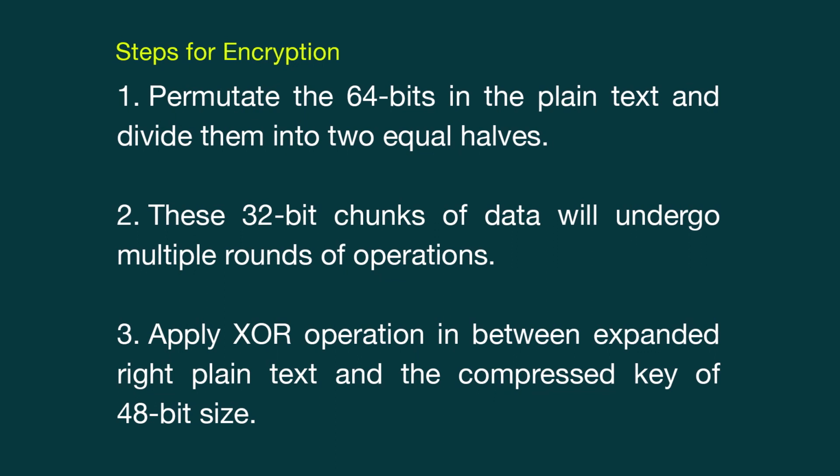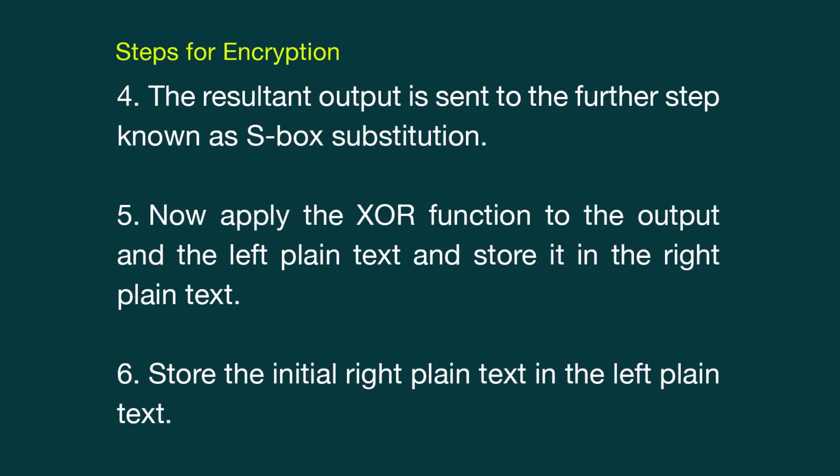Apply XOR operation in between expanded right plain text and the compressed key of 48-bit size. The resultant output is sent to the further step known as S-box substitution. Now apply the XOR function to the output and the left plain text and store it in the right plain text.